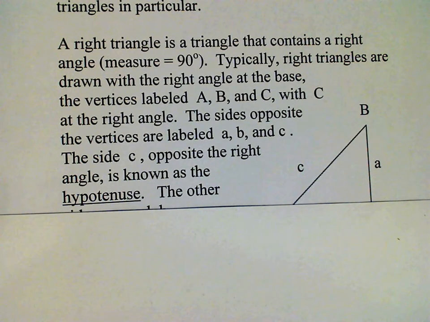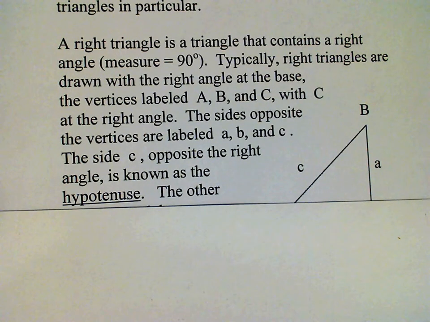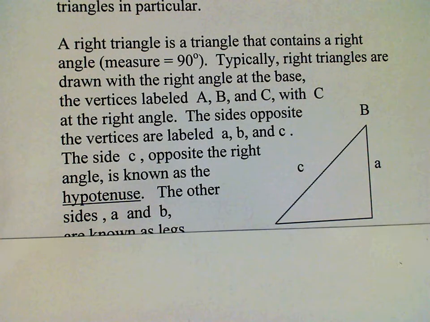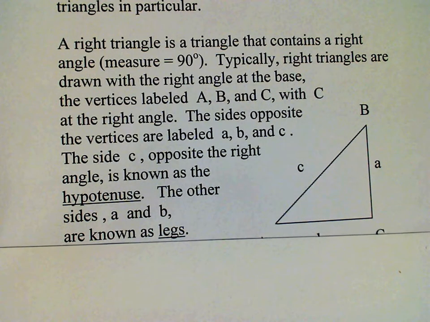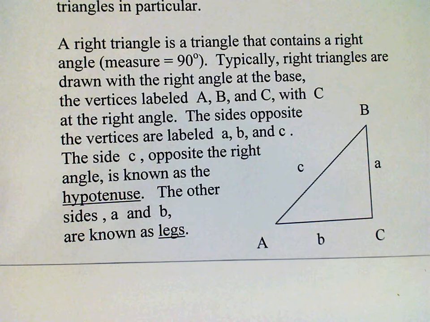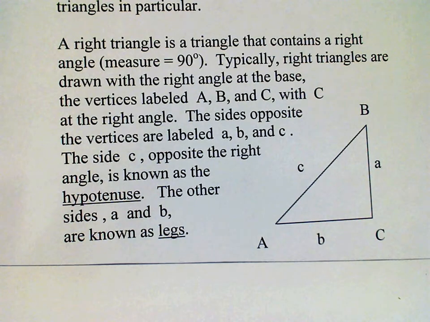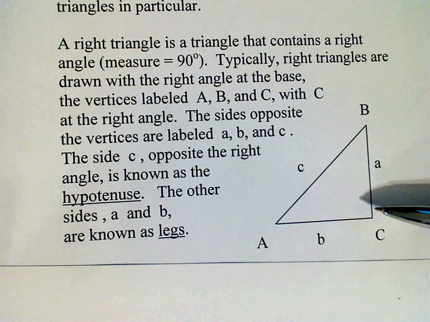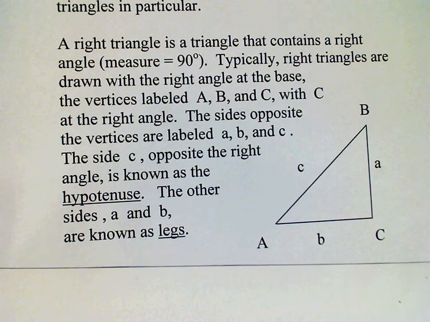This side, the longest side in a right triangle, is given a special name, and it's known as the hypotenuse, and the other sides labeled lowercase a and b are known as legs. So here's the diagram with C at the right angle, therefore this angle here is the right angle in this triangle.